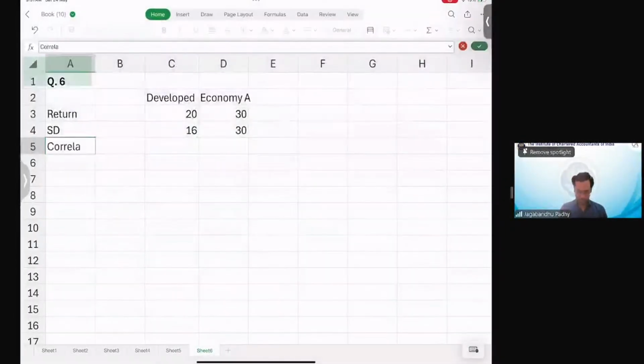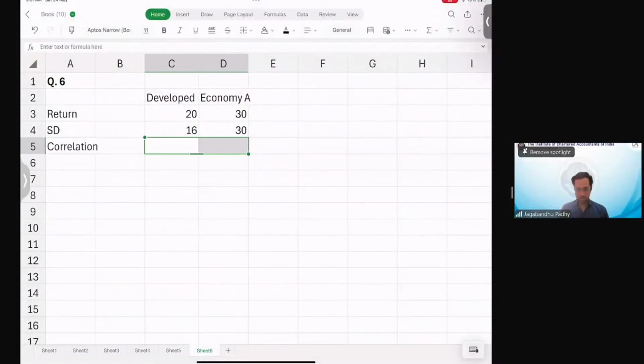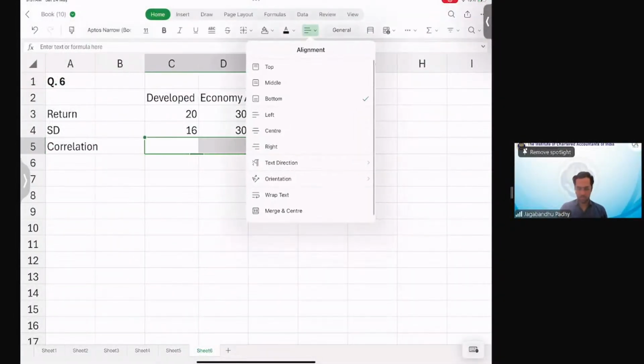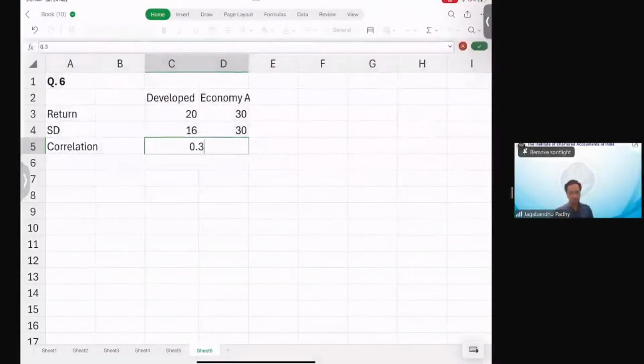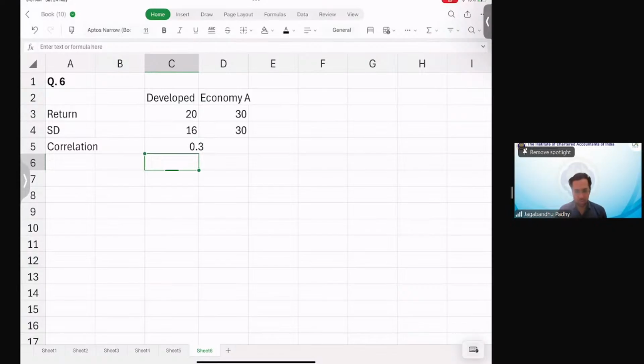Then we have the correlation. Developed, economy A, and then correlation.